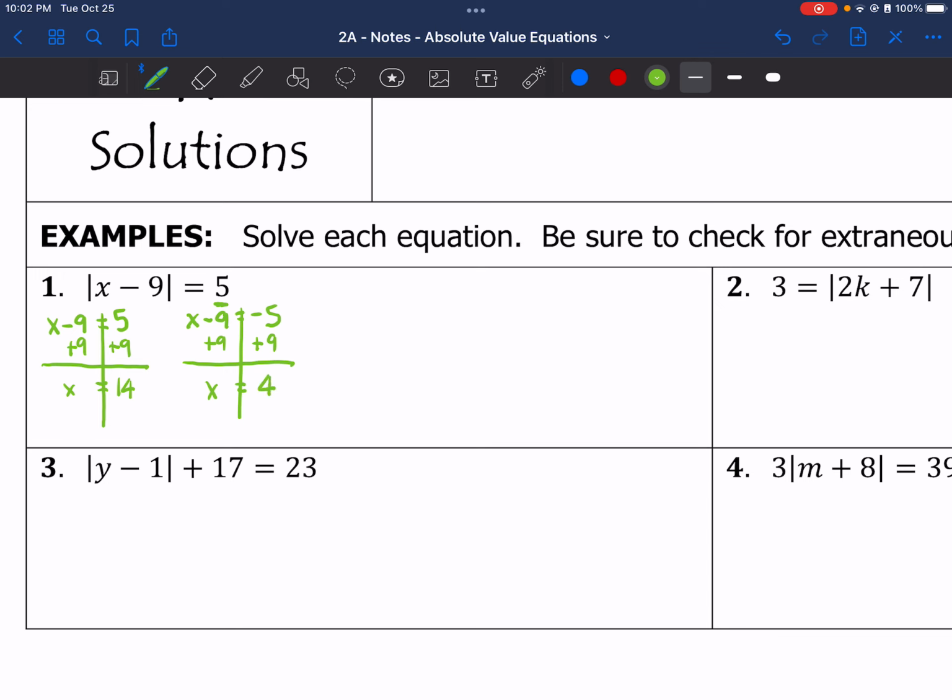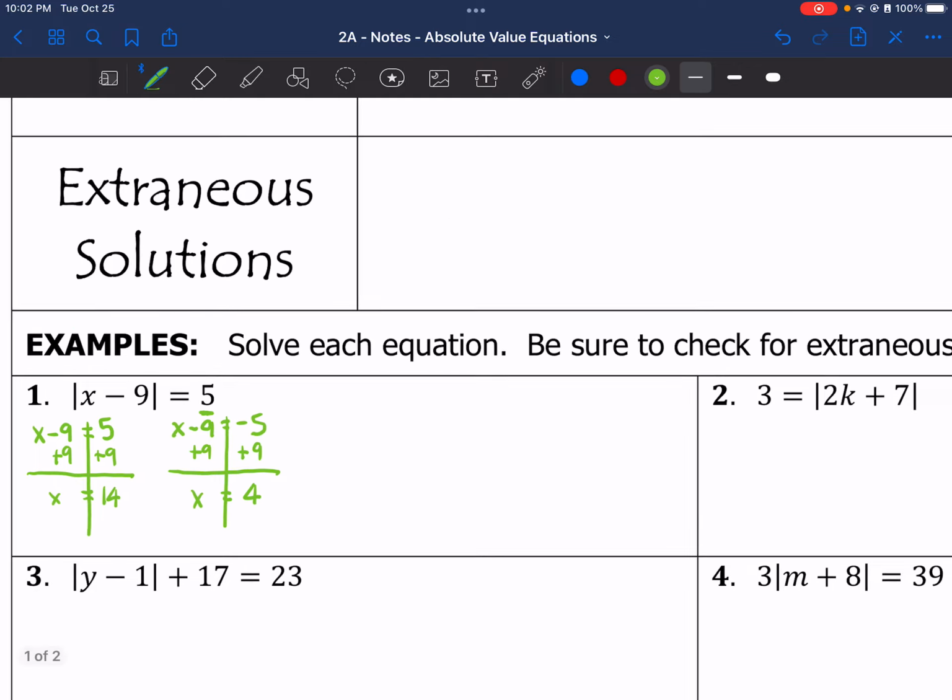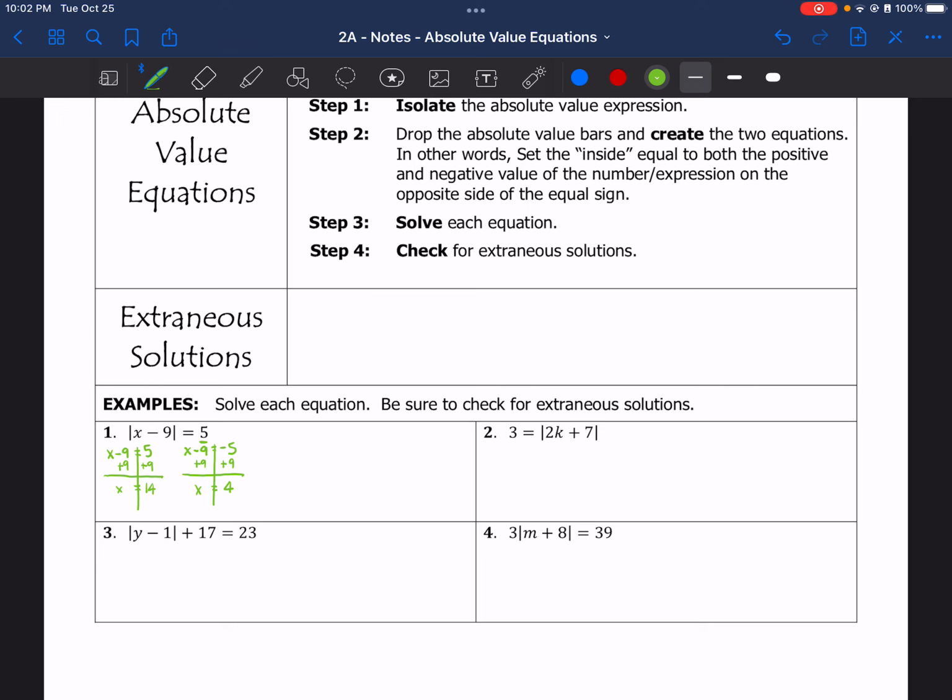So now, step 4 is to check for extraneous solutions. Extraneous solutions are solutions of an equation that do not satisfy the original equation.